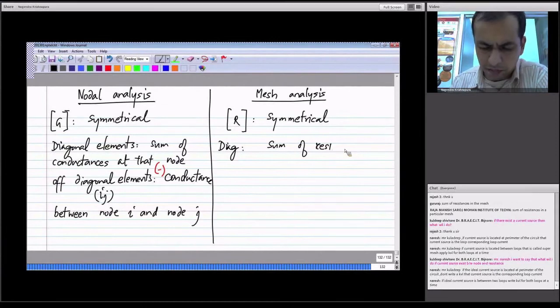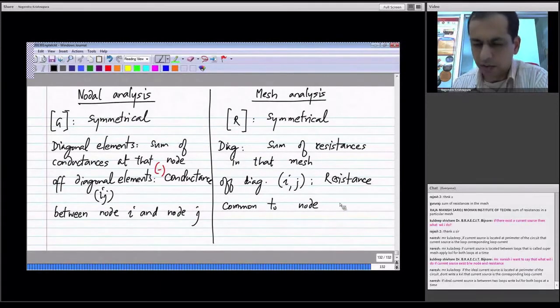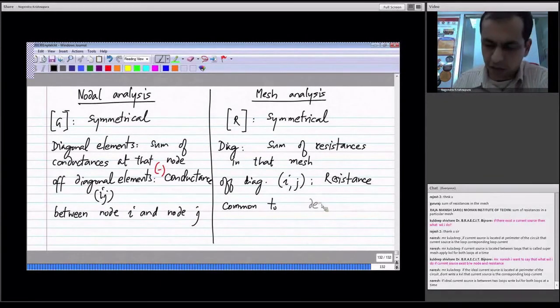Okay, and the off diagonal elements, the element ij would be the resistance common to node, sorry, mesh i and j. Okay, in fact it's the negative of that one.